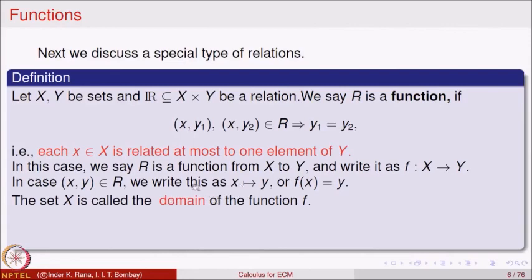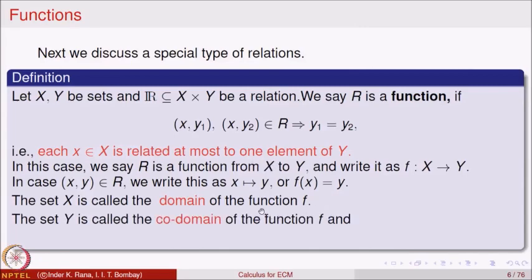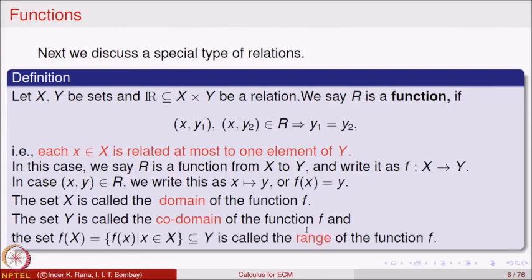So, the set X is called the domain. What is the domain? That is the first part of the function, or first part of the relation, it is coming from X. So, X is called the domain of the function and Y is called the codomain of the function f. And the subset f of X, all the elements of Y which are related to some element of X, that is called the range of the function.